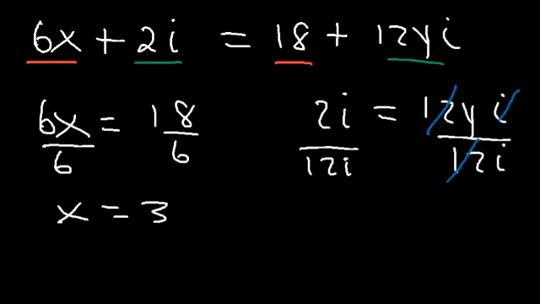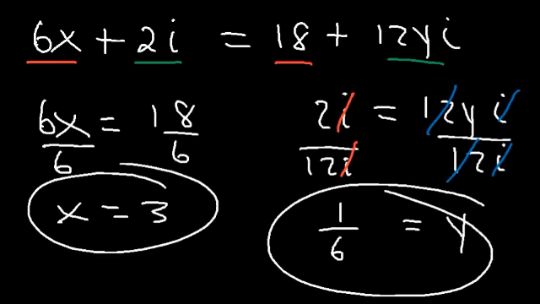So on the right, 12i will cancel, leaving us with y. On the left, the i will cancel, and it's 2 over 12. If you divide it backwards, 12 divided by 2 is 6. So 2 over 12 must be 1 over 6. So this is the answer. x is equal to 3, and y is equal to 1 over 6.